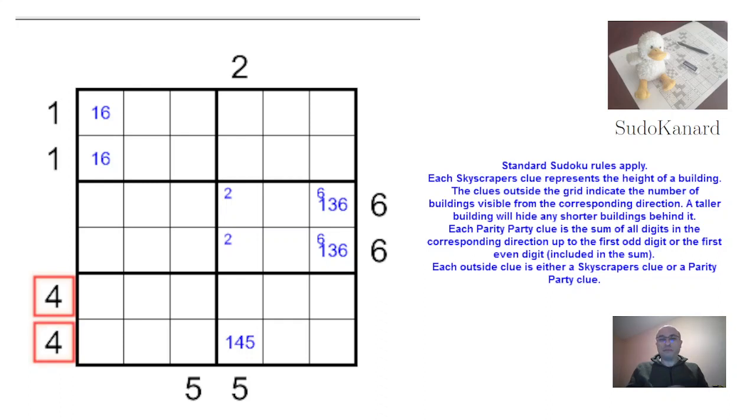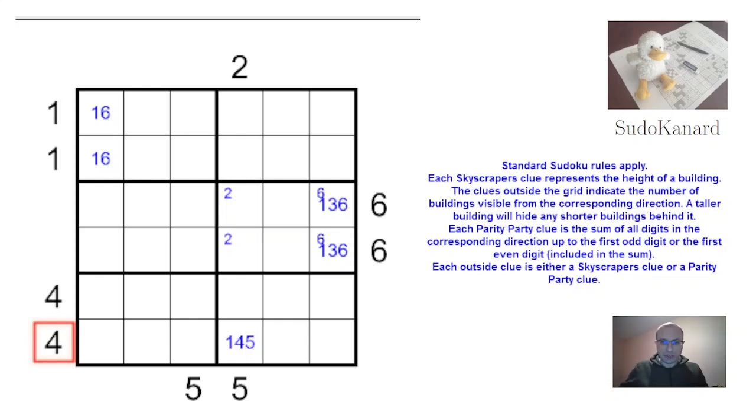They can't both be Parity Party because Parity Party places a 4. And they can't both be skyscraper clues because a skyscraper clue puts 6 in this box, and there can only be one digit 6 in this box. So it all comes down to finding which one is a Parity Party.